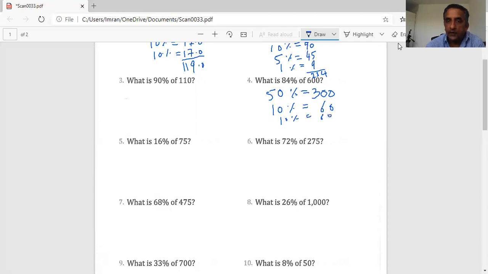Then we find another 10%, that's 60. Then we can find 1%. What is 1% of 600? That is 6. Because we have to find 4%, we can add 6 four times. So 4% will be 24.